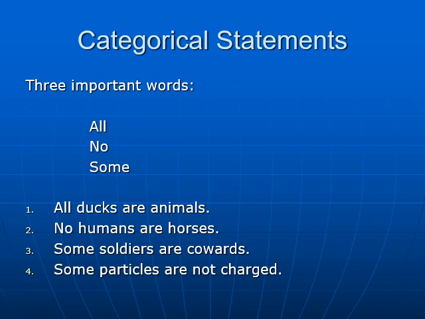And some particles are not charged. Doesn't say what else they are other than charged. It just says that they're not charged. So you've got two statements that you can make from these three terms that are negative in form, and two statements that are positive in form.